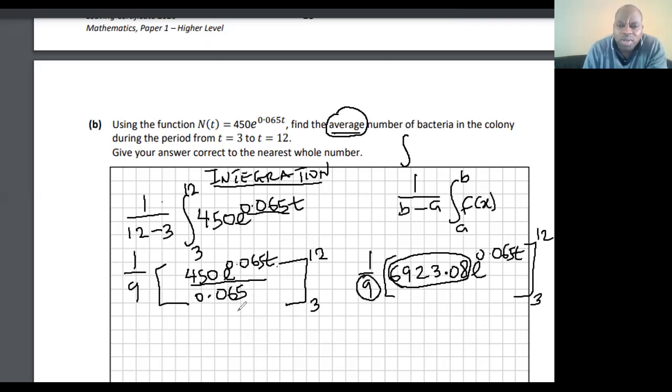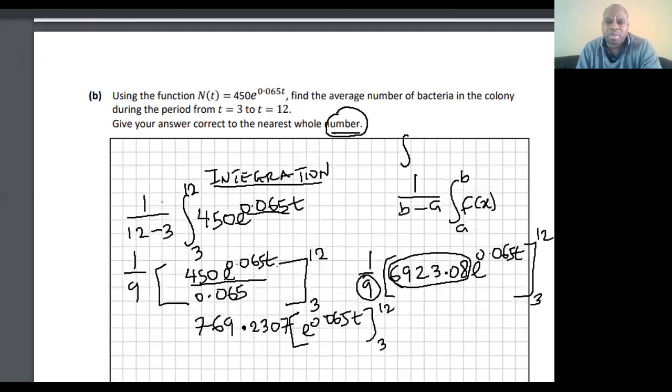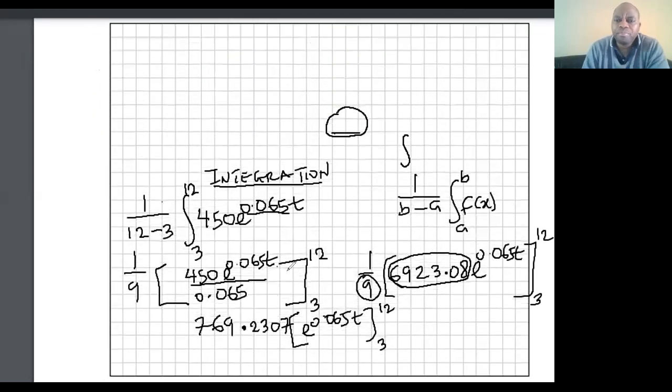If you do that, we're going to have 769.2307. Then exponential 0.065t from the interval of 12 to 3. So we are making progress. Let me come up and finish it up.